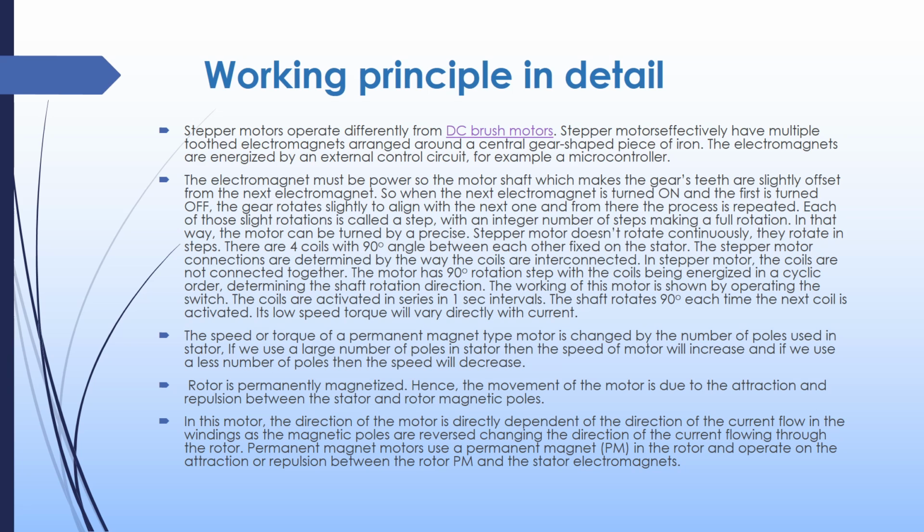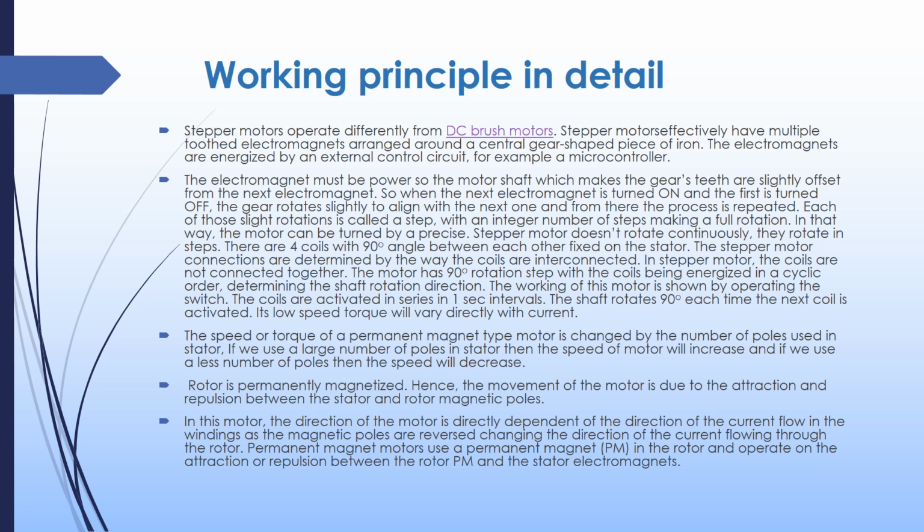So now we talk about the working principle in detail. Stepper motors operate differently from other DC brush motors, which follow their terminal voltage. The stepper motor effectively has multiple toothed electromagnets arranged around a central gear-shaped piece of iron. The electromagnets are energized by an external control circuit, for example, a microcontroller.